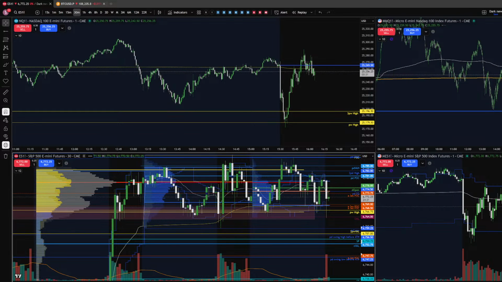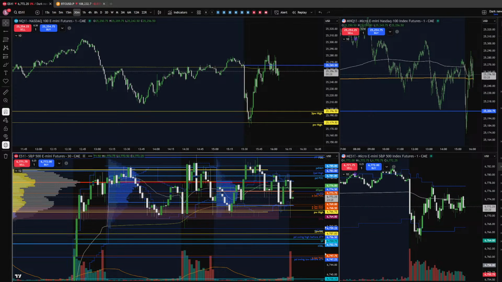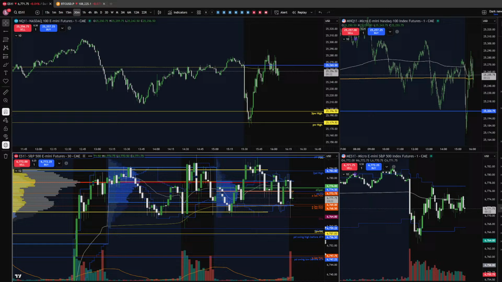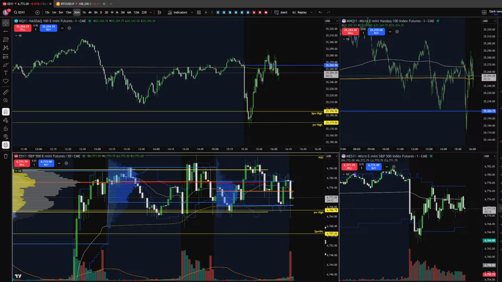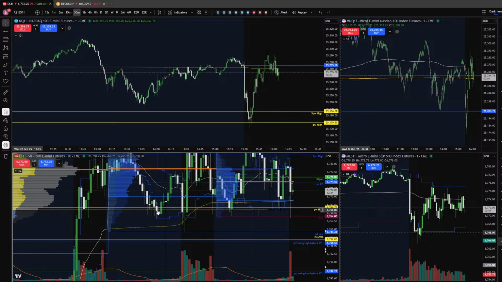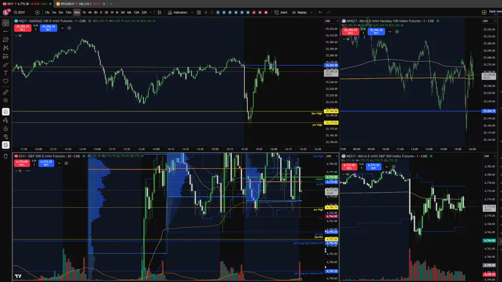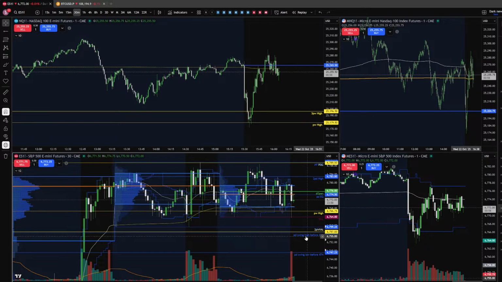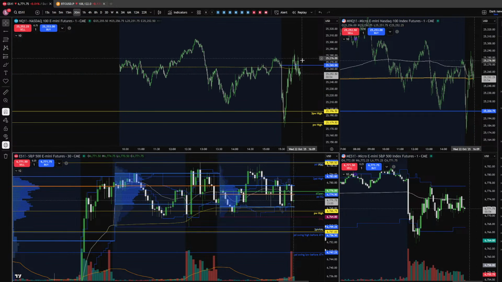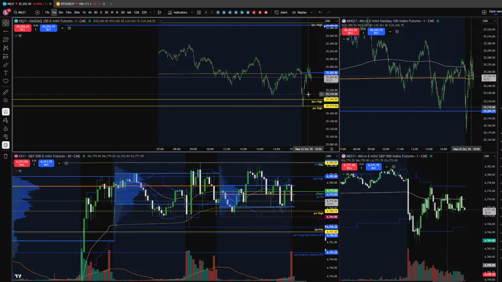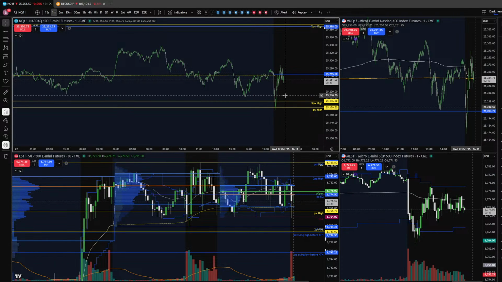Let me clean this. So if NQ is more bullish, then what can we expect?